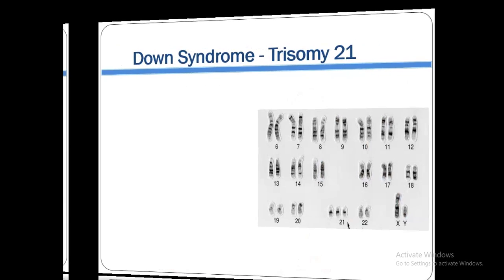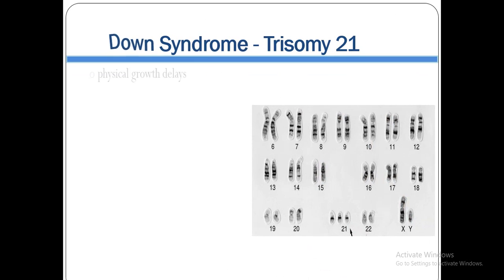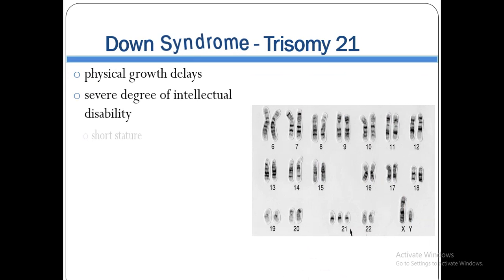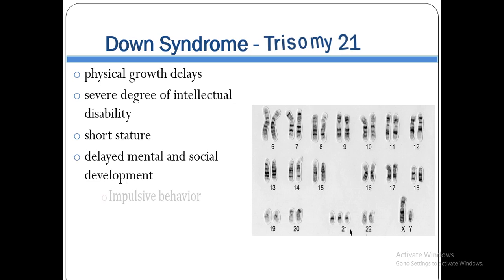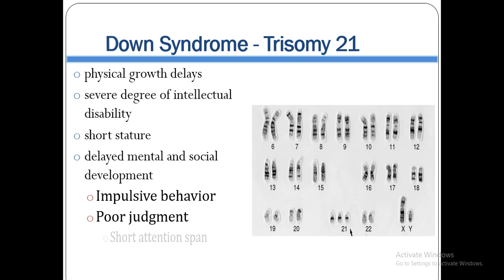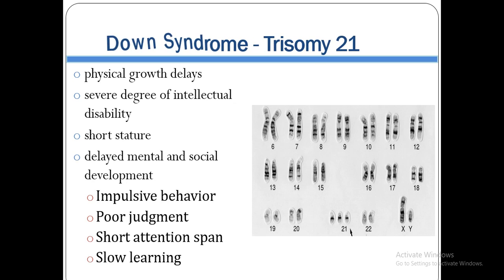Then we have the commonly known autosomal chromosomal aberration, which is Down syndrome, or trisomy 21, wherein they have physical growth delays, a severe degree of intellectual disability, a short stature, and delayed mental and social development.